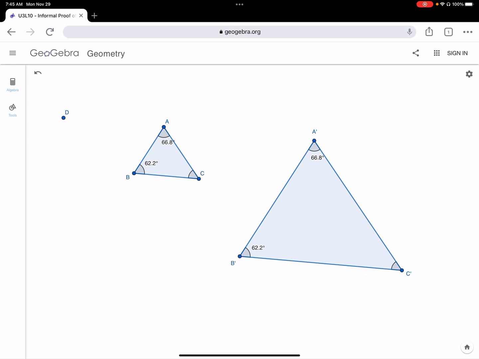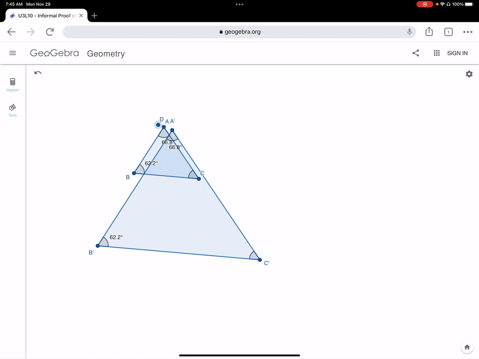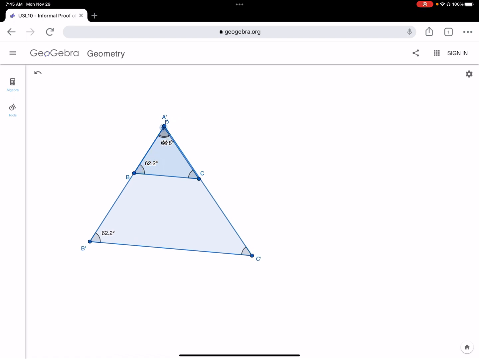So what I want to show you here is that if I take the center D and I move it so that it's directly on top of A, what that does is that lines up my triangles. And now you will notice that I've got angles here. The angles at A and A prime are exactly the same because they overlap.